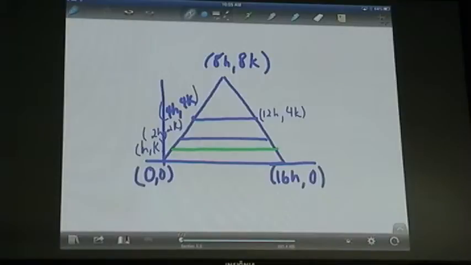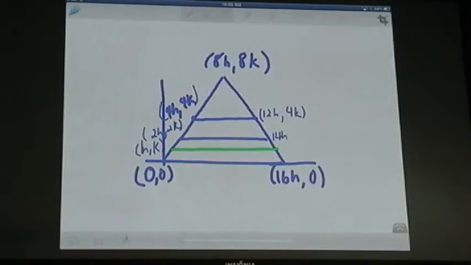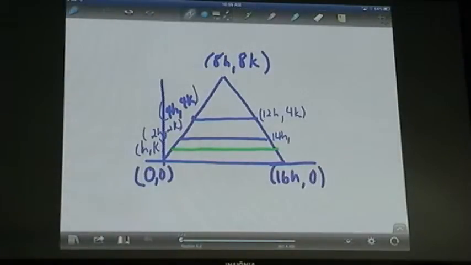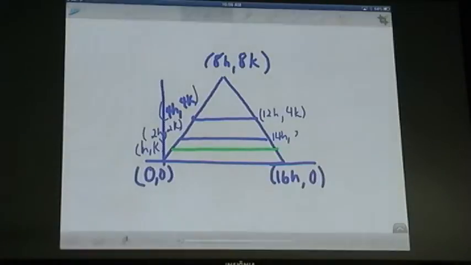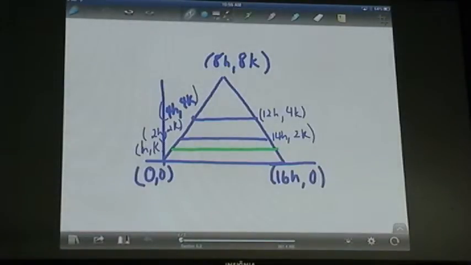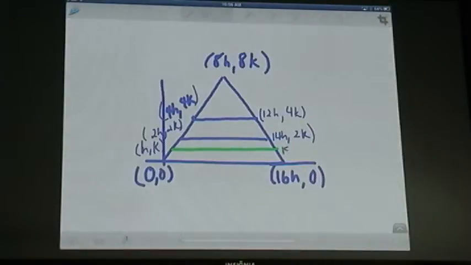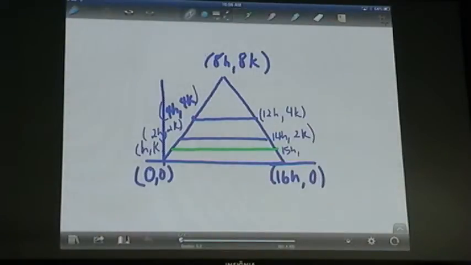And then the next one would be 12h plus 16h, which is 28h, divided by 2 is 14h. And then 4k plus 0 is 4k, divided by 2 is 2k. And then this one's going to be 14h plus 16h, which will make it 15h, and then 1k.